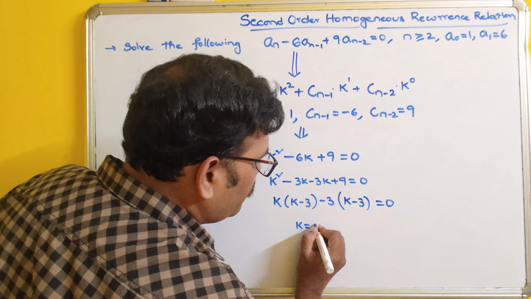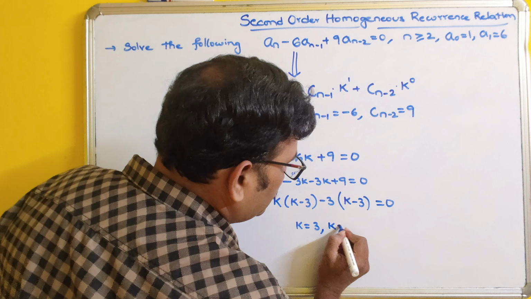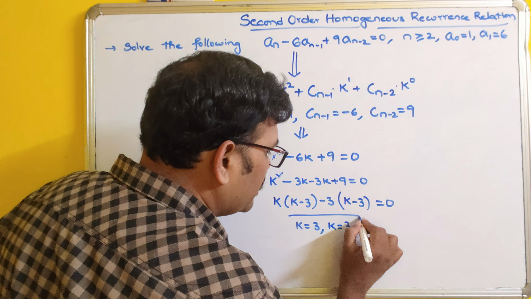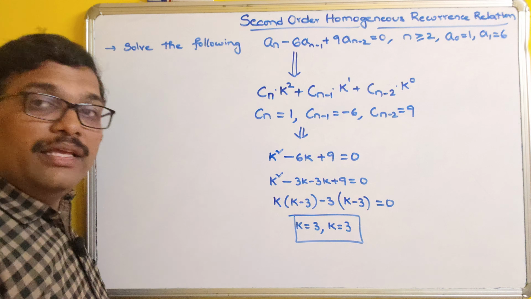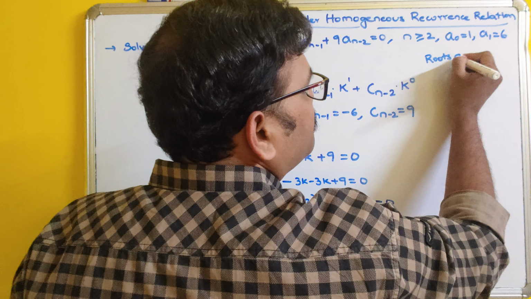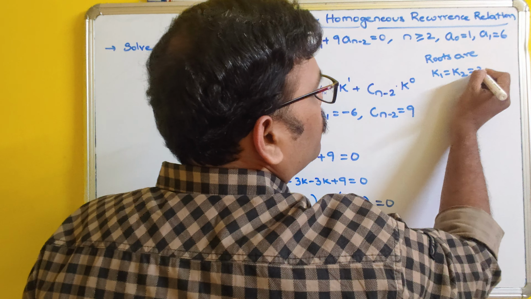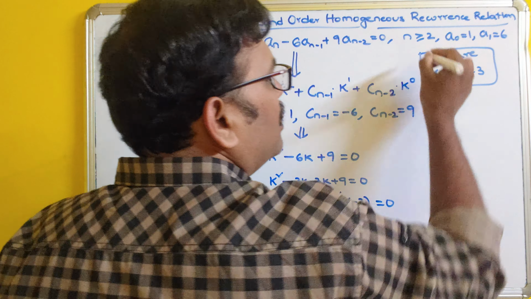Then k is equal to 3, and also k is equal to 3. That means the roots are equal. So k1 equal to k2 equal to 3. These are the roots.